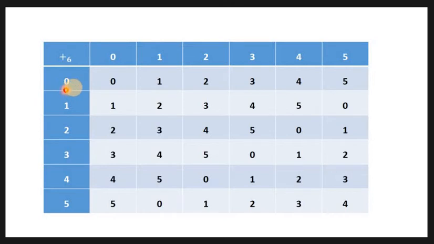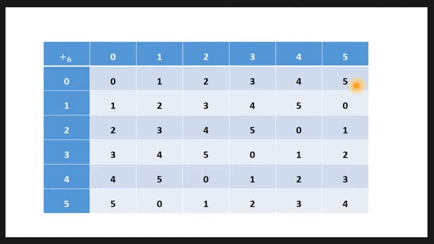Now you just observe the first row and first column of the table are identical. That means when you operate with the 0, 0 plus 0 is 0, 0 plus 1 is 1, 0 plus 2 is 2, 0 plus 3 is 3, 0 plus 4 is 4 and 0 plus 5 is 5.